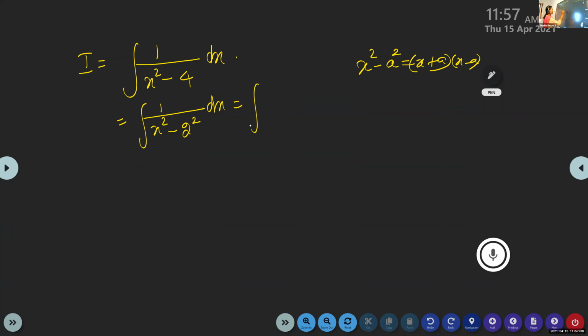So this is the integral of 1 by x minus 2 into x plus 2 into dx. Now look at the denominator.